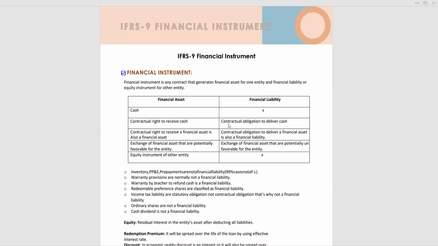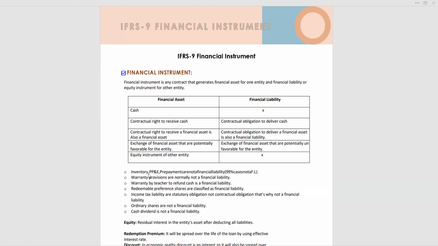Now, there are following points which indicate that something is not a financial liability or a financial asset. Let's read one by one. Inventory, property, plant, and equipment, and prepayments are not financial assets, and 99% not financial liabilities.